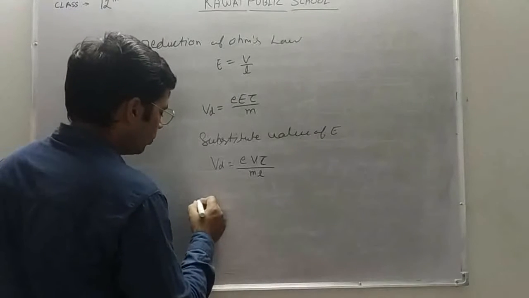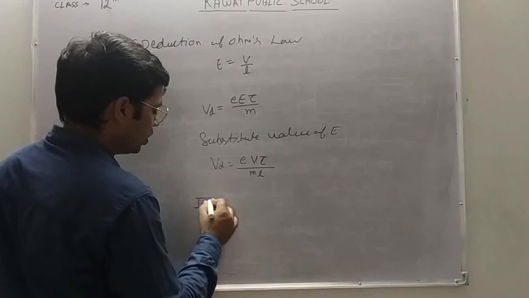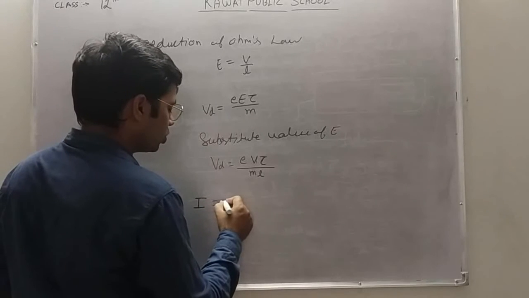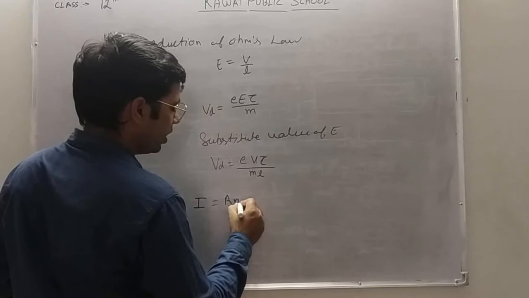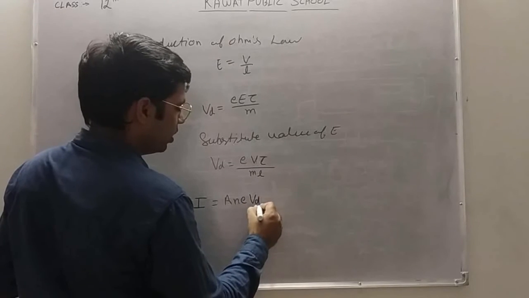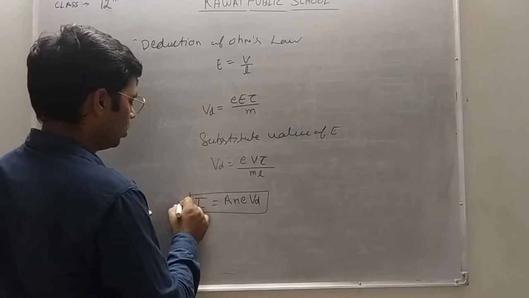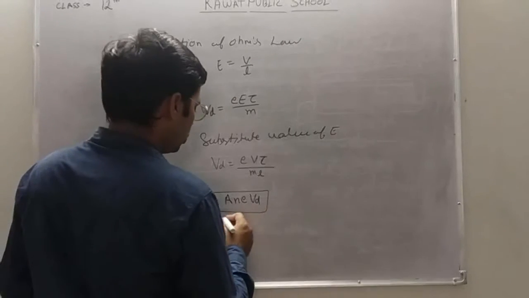Now, with the help of the previous derivation, we know the relation between electric current and drift velocity, that is I equals Anevd, where vd is drift velocity. Now substitute the value of vd.